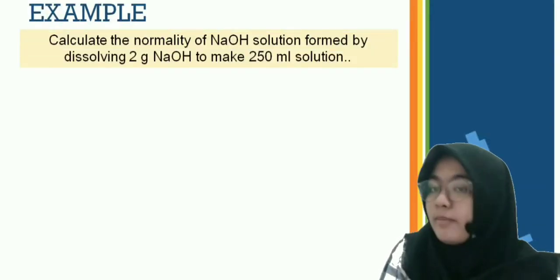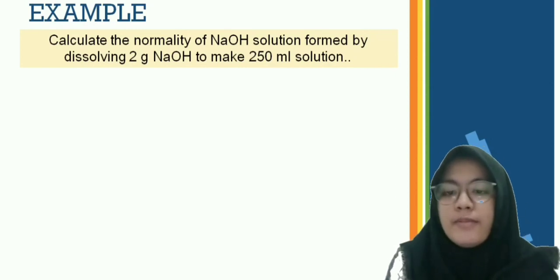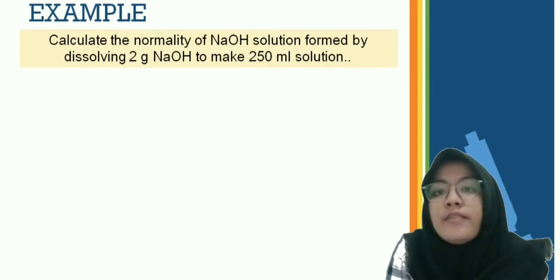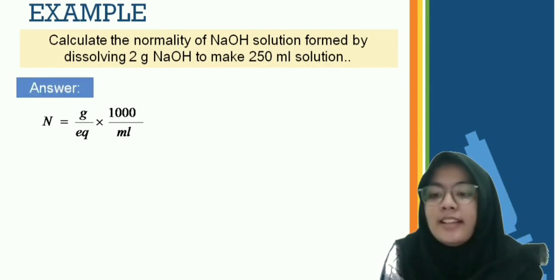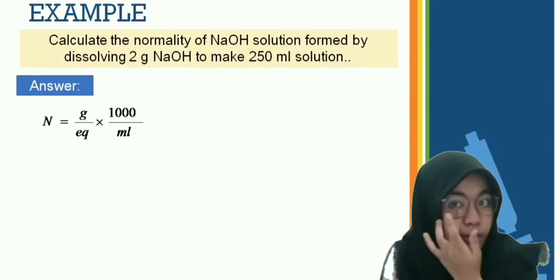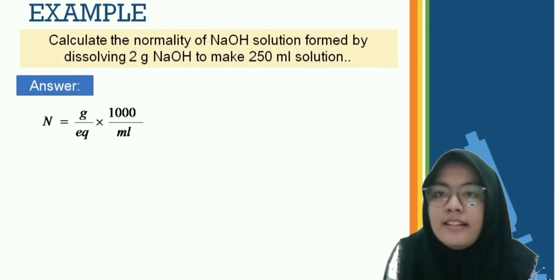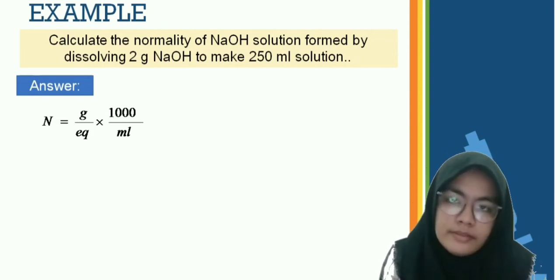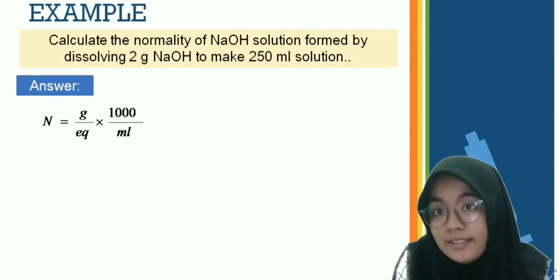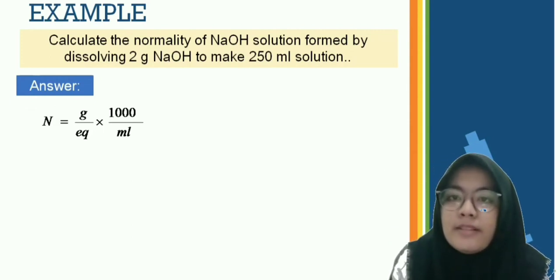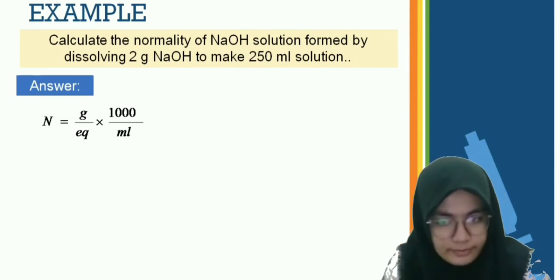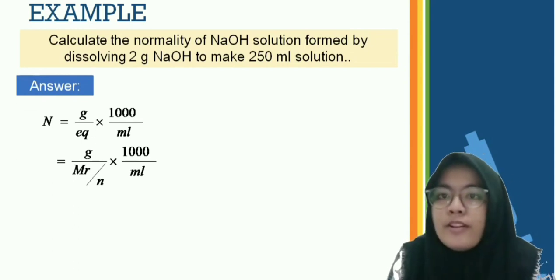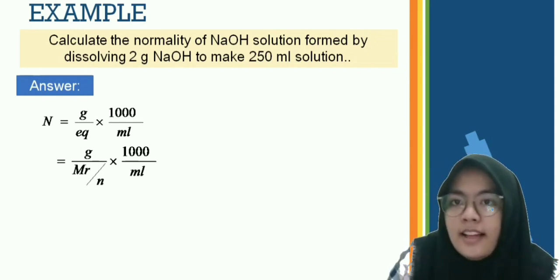Example for the normality. Calculate the normality of sodium hydroxide solution made by dissolving 2 grams of sodium hydroxide to make 250 milliliters of solution. We answer it with the calculation before. N is gram of solid divided by equivalent number, times 1000, per milliliter of the solution. And the equivalent, we can know it from the relative molecular mass divided by n.